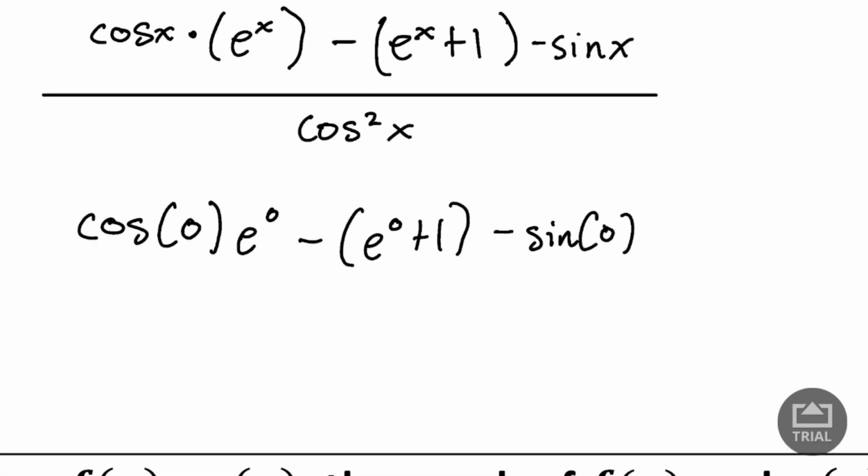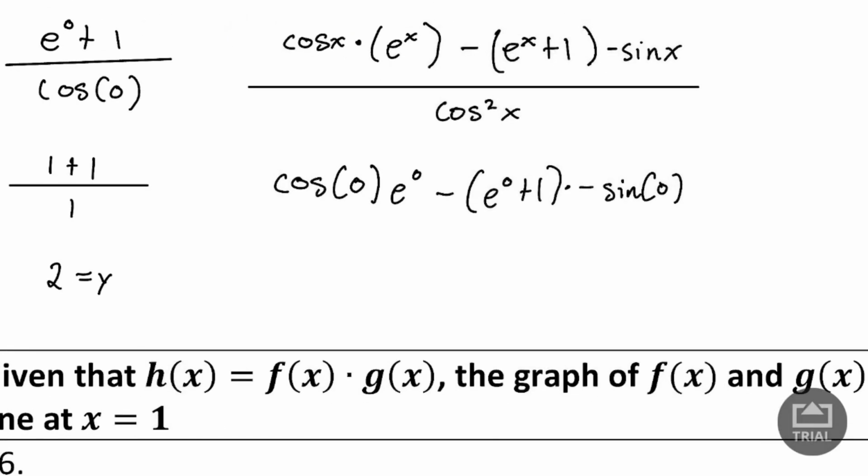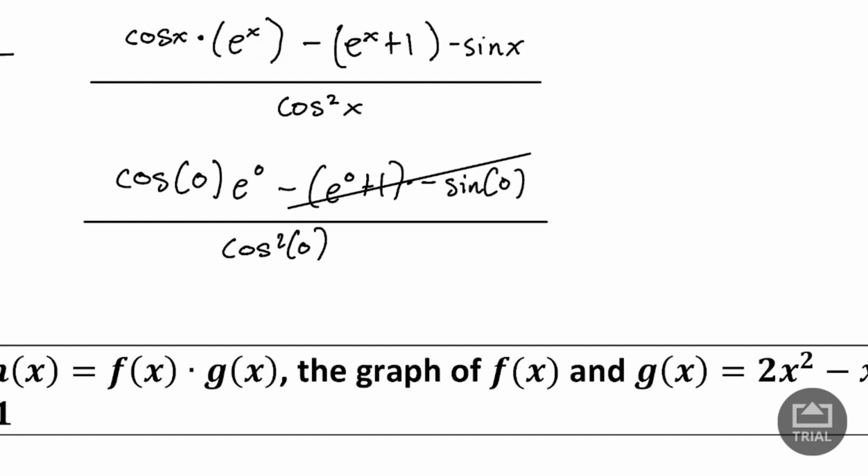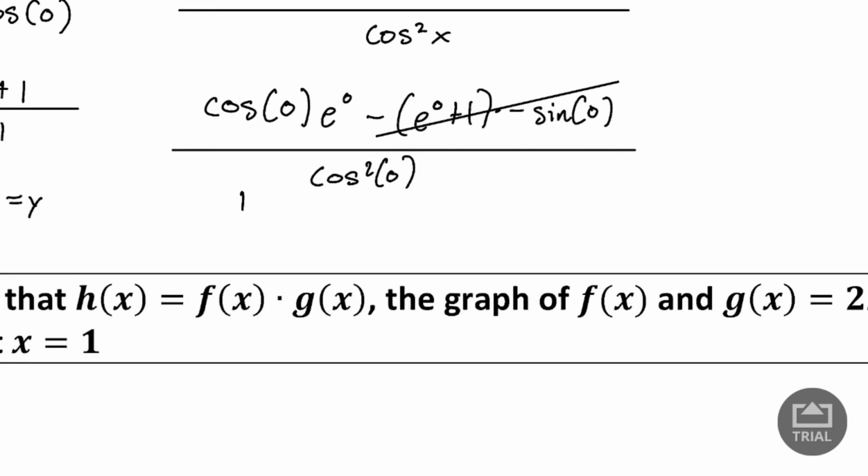So basically what's going to end up happening is I'm multiplying here, right? And sine of 0 is 0. So this whole side's going to cancel. I can't forget putting all of this over cosine squared of 0. Now, this top portion is going to be 1, and this bottom portion is also going to be 1. So my m is 1.